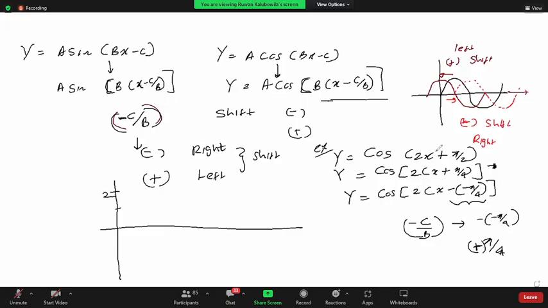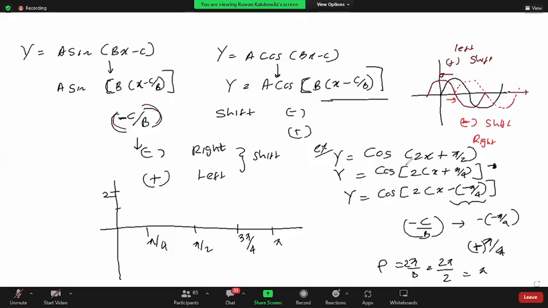If we know the B, we know the period: 2 pi over B. That means 2 pi over B is equal to 2, so the period is 5, 5 over 2, 5 over 4.